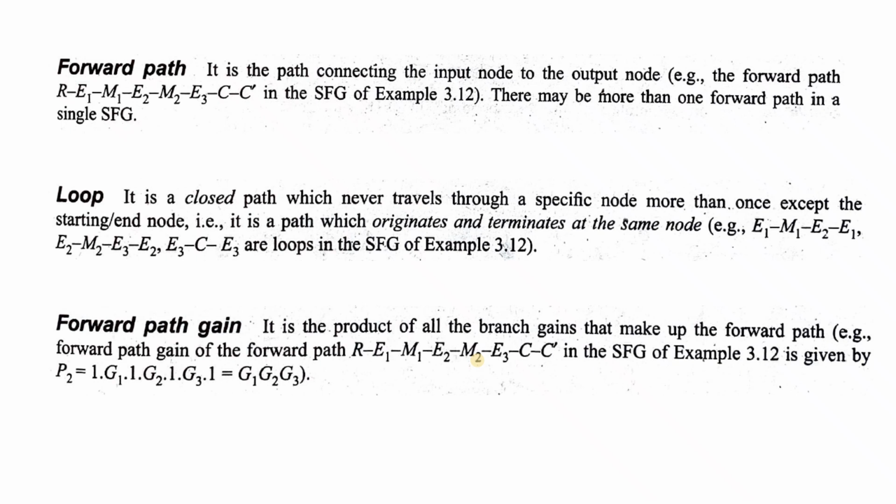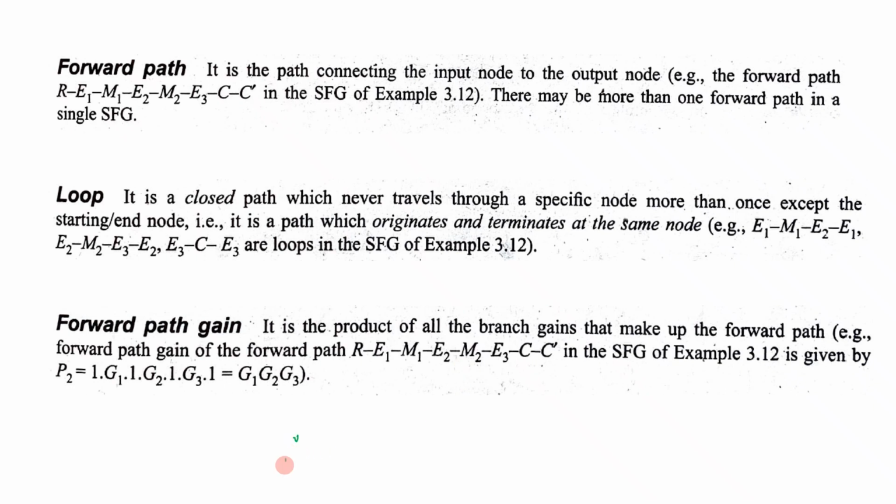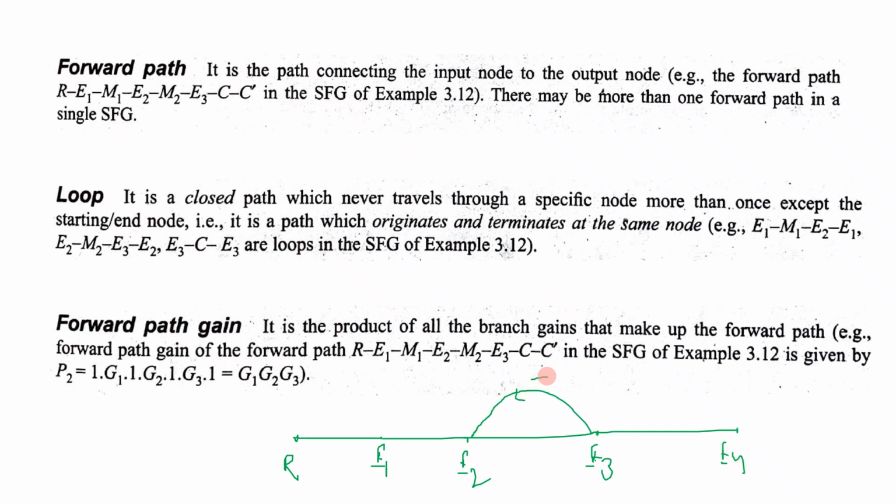And forward path gain. What is forward path gain? Whenever you have a forward path like this, E1, then E2, then E3, then E4, suppose there is another feedback like this, -1. So we will call the forward path R E1, E2, E3, E4.